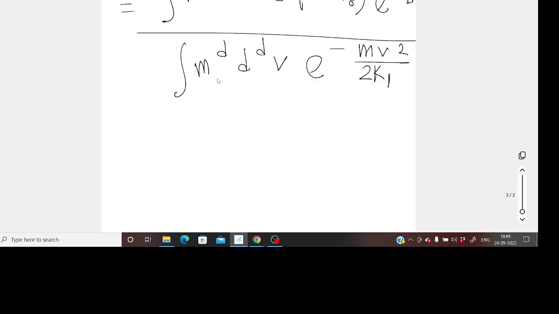Now this thing has been simplified, right? This m to the power d also cancels out in the denominator and numerator.